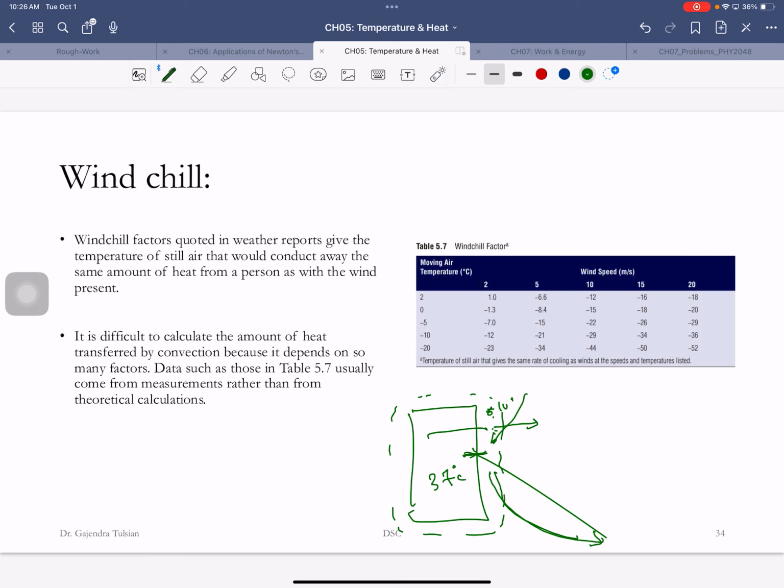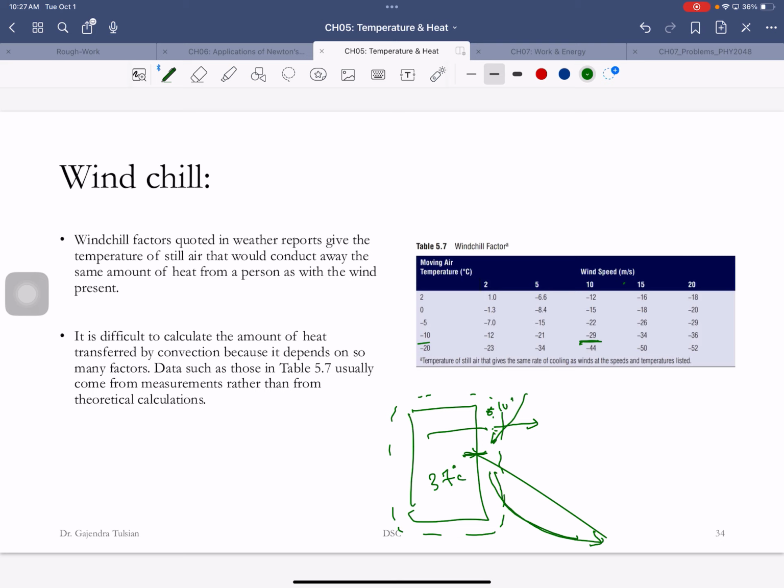So it feels like, at minus 10 degree air, if it's windy and it's 10 meters per second, which is 25 miles an hour, that's a fast wind, that'll feel like minus 29 degrees Celsius. So minus 10 degree air blowing at 10 meters per second, you'll lose the same amount of heat as minus 29 degrees Celsius air that is still.